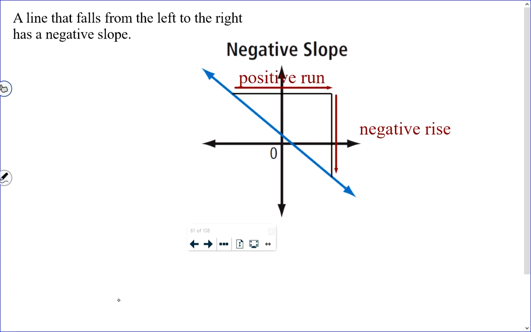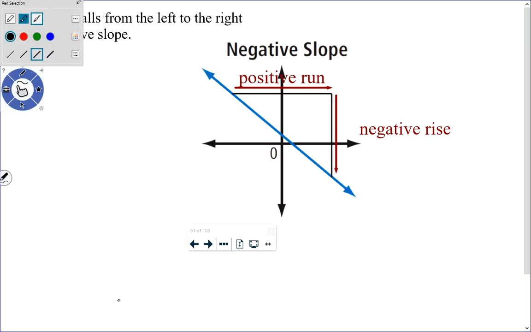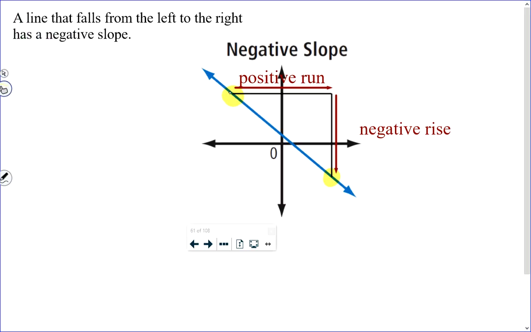Because the run is positive. I go to the right from, I'll put an actual point on here so you can see it, I go from this point to the right, and then to get to this point, I have to go down. So the rise of this line is negative, and that gives us a negative slope.